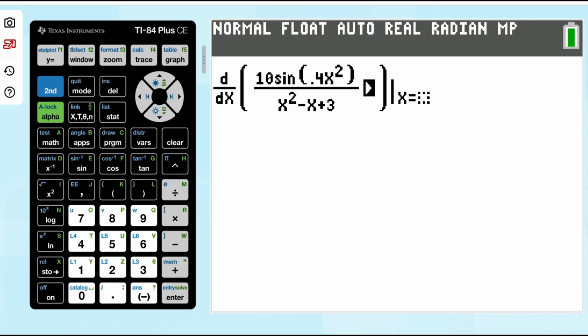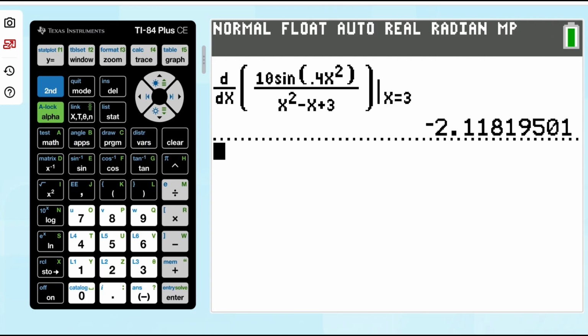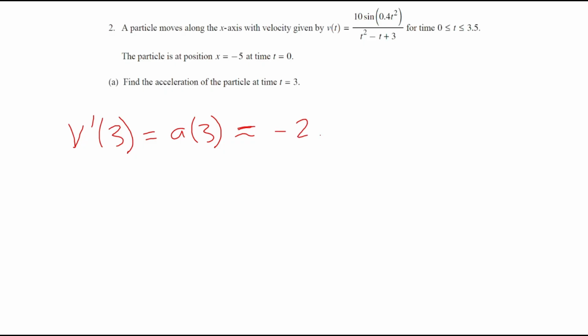And we want to evaluate this when x is equal to 3. And so we get negative 2.118 when we round. And that is the answer to part A. And it's just worth 1 point.